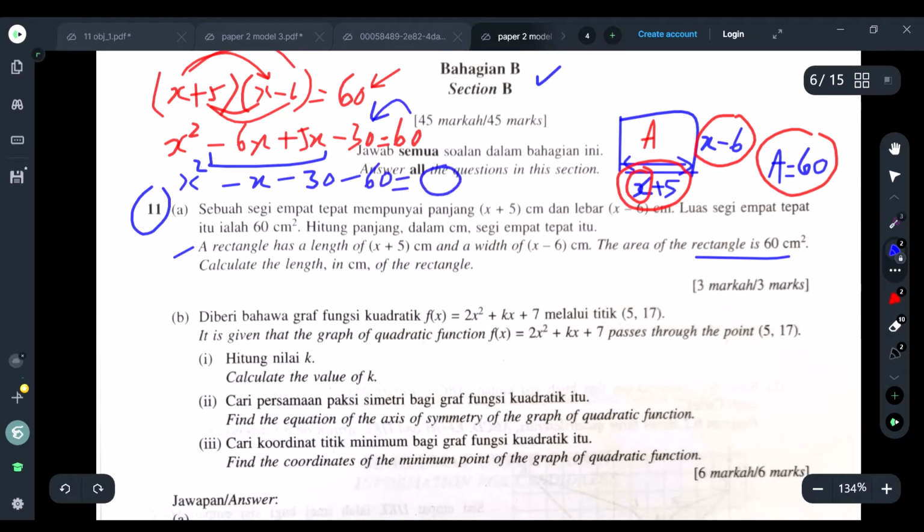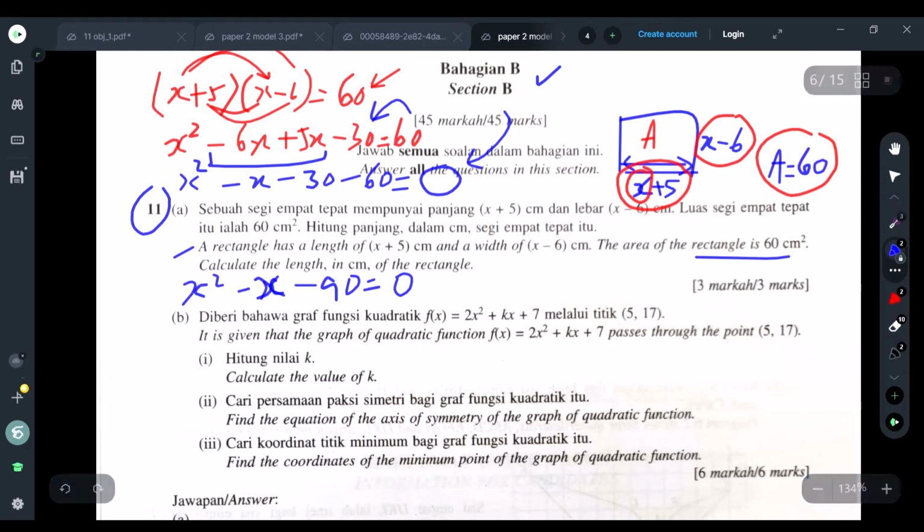This is very important. This skill is very important. You make the equation 0, so you can solve it. You'll get an equation of x square minus x minus 90 equal 0.